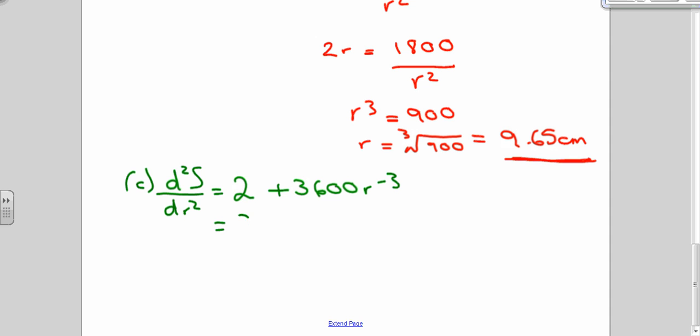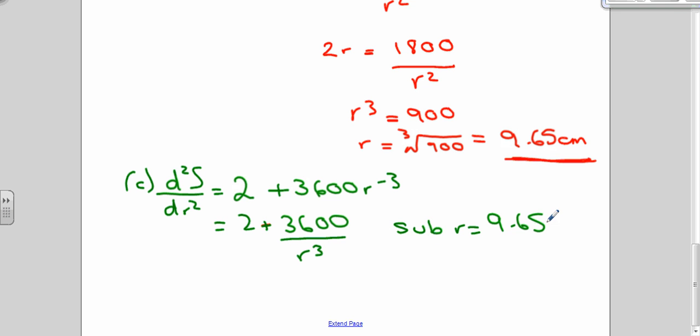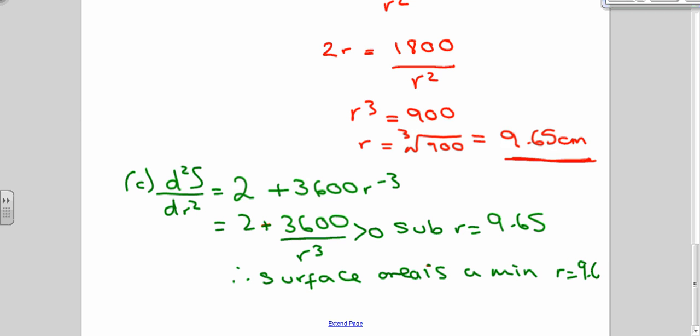So that is equal to 2 plus 3600 over r cubed. And if we substitute in r equals 9.65, we end up with a value that is greater than 0. So that means that the surface area is a minimum at r equals 9.65 centimetres.